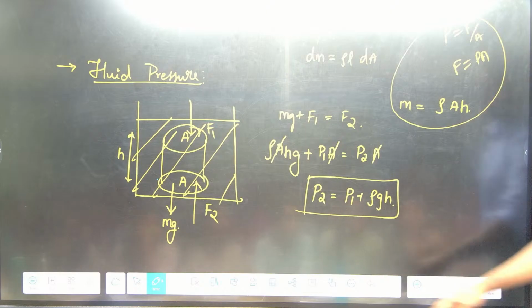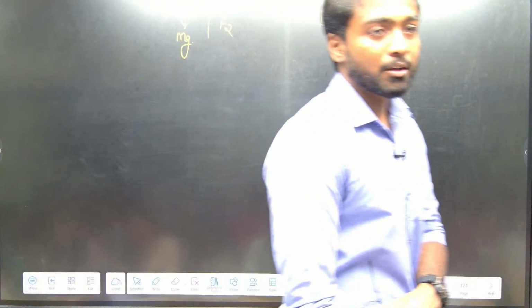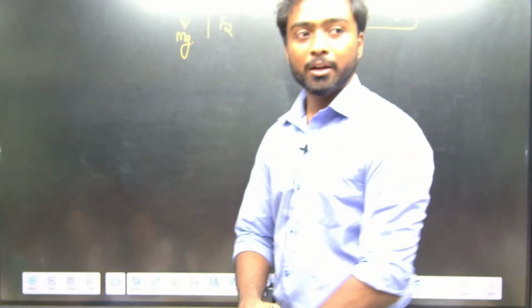Write it in the note points. So any doubt in the formula? Whenever we talk about the height difference, the pressure will vary. So the pressure at the lower point P2 equals P1 plus rho g h.